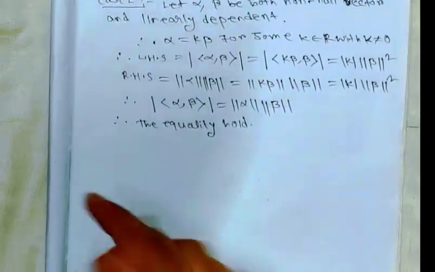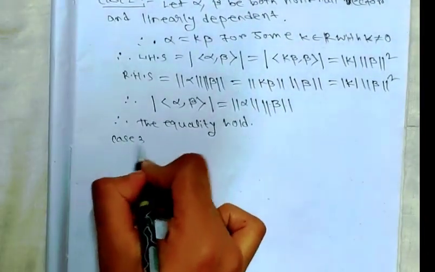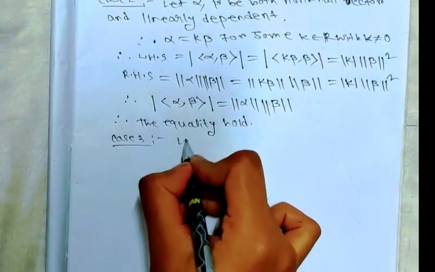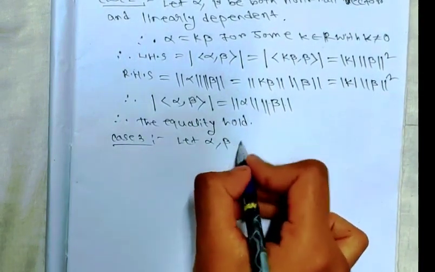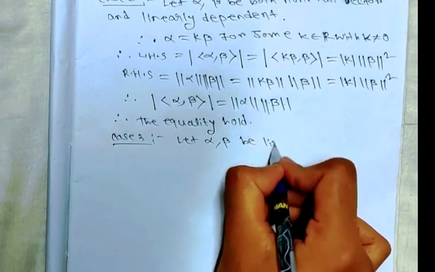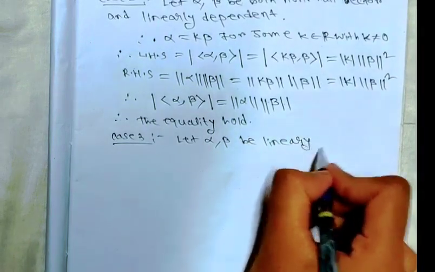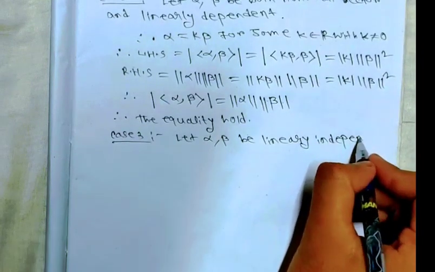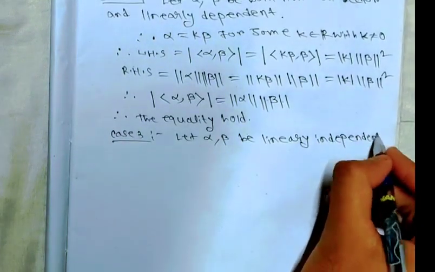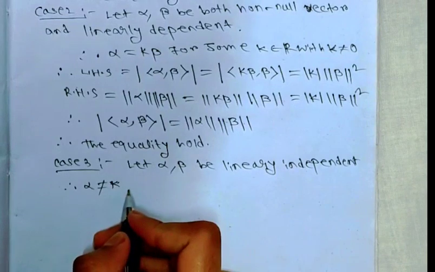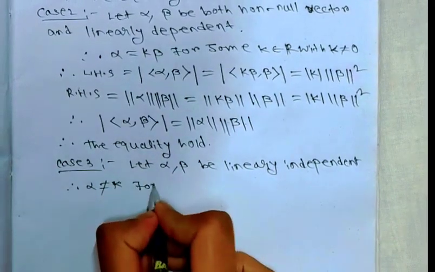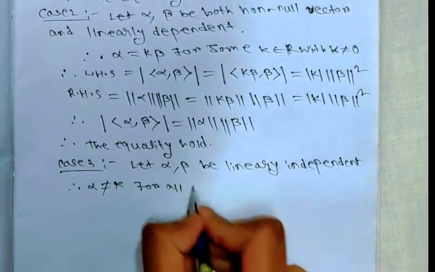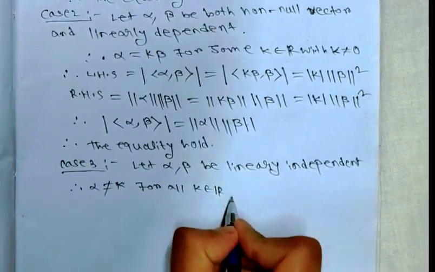Now case 3. What is case 3? Let alpha and beta be linearly independent. If alpha and beta are both linearly independent, therefore alpha is not equal to k beta for all k belonging to the real numbers.